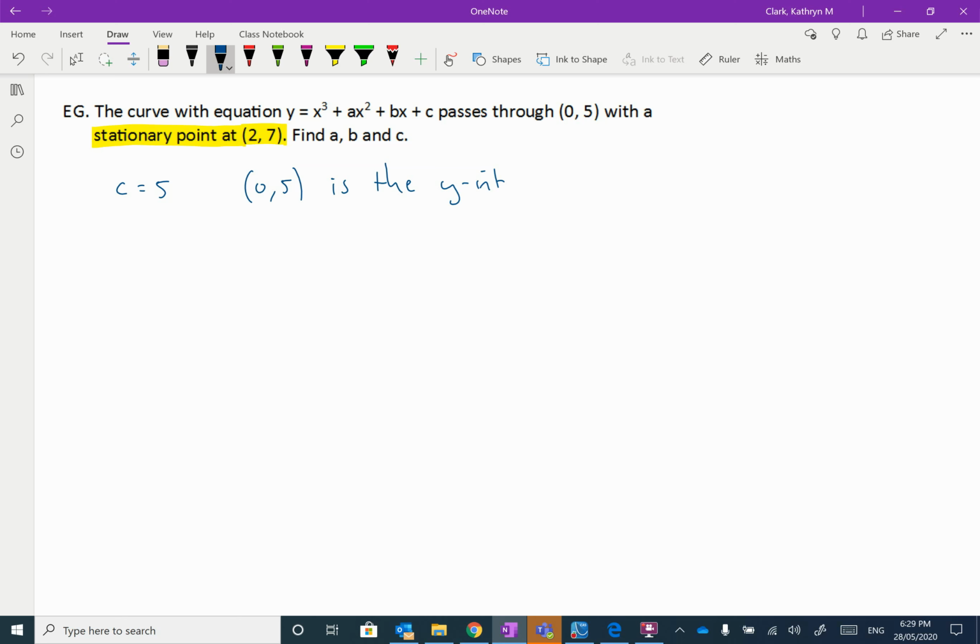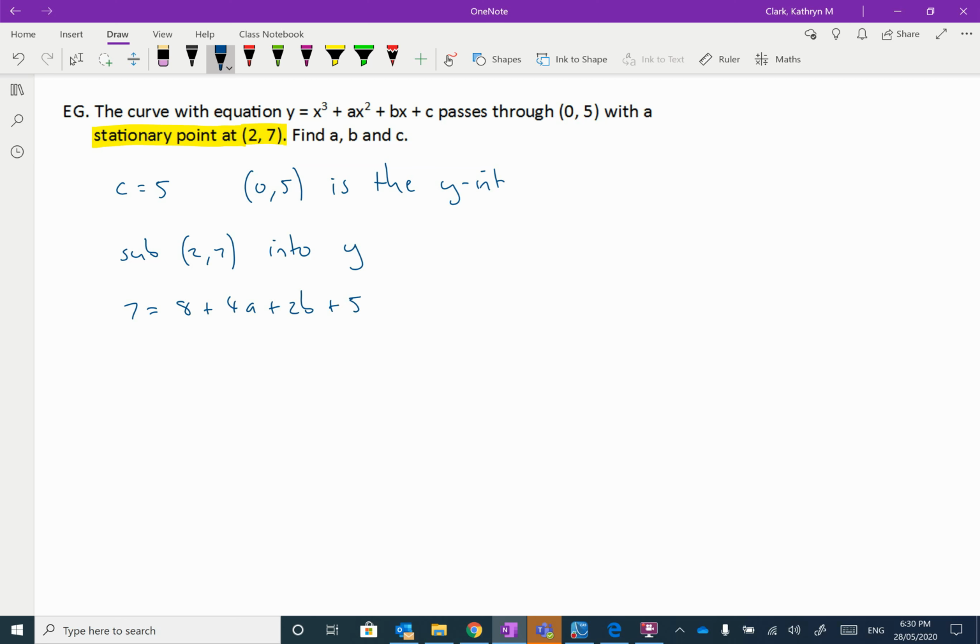So let's start with the point (2, 7), and we're going to put that into our original equation. So I get 7 is equal to 2 cubed, which is 8, plus 4a plus 2b plus 5.